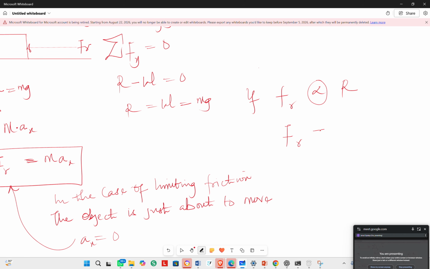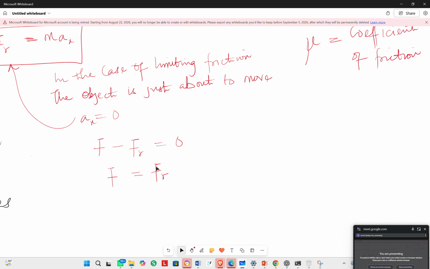So F_R can be equal to a constant times R. That is where you introduce the coefficient of friction. So this guy here, we are going to call the coefficient of friction. Are we together? So F_R equals mu R. We call it mu.